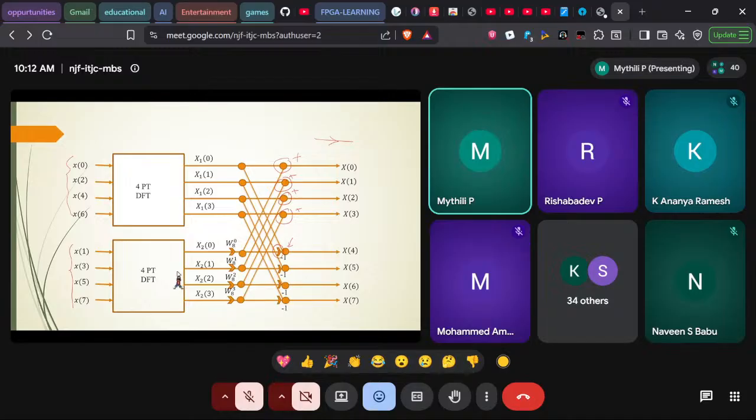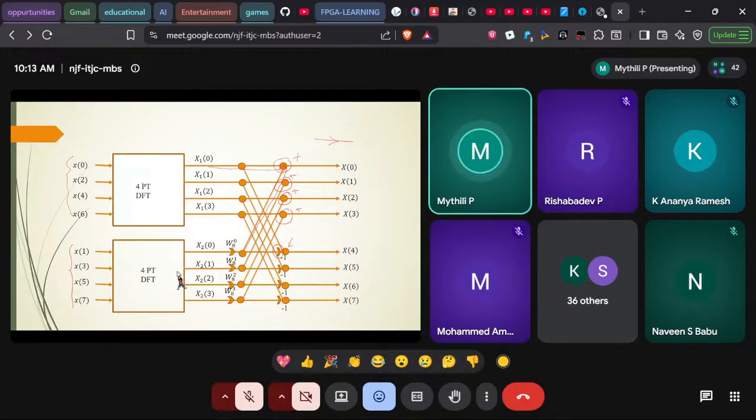So at this point, x1 of 0 plus x2 of 0 into W8 of 0. This point is the addition of this line and then this line. Like that, the upper half is all addition, lower half is all subtraction.